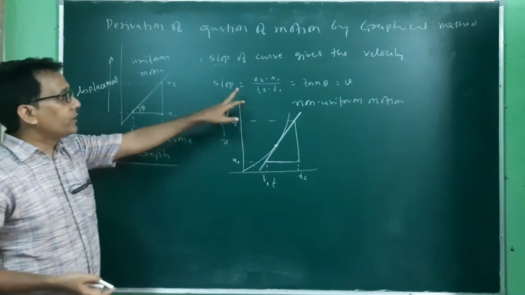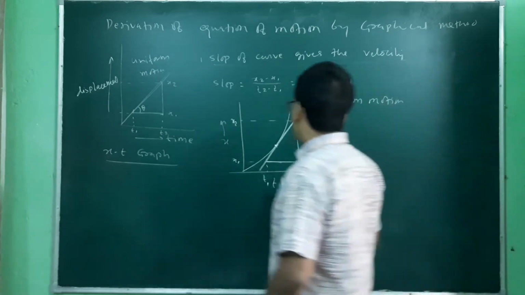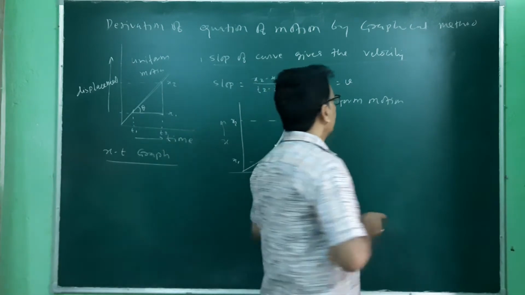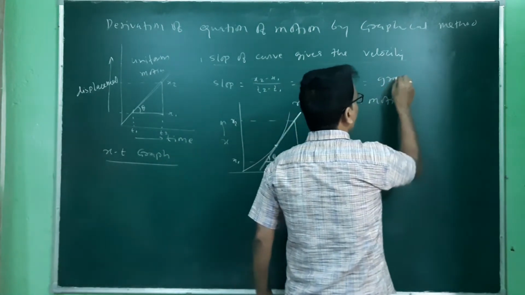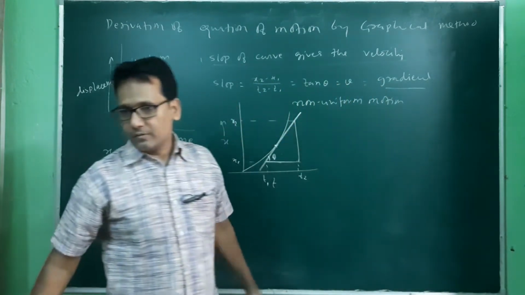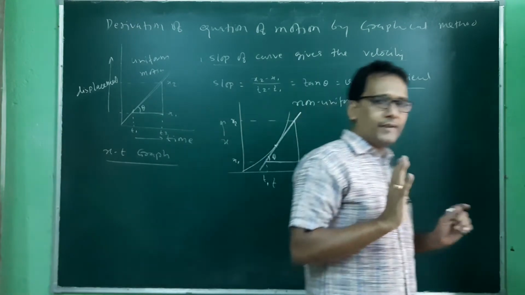The slope is x2 minus x1 by t2 minus t1, and this is theta, so tan theta is the slope. This is also known as gradient, a term used in higher physics. So if somewhere it is written as a gradient, then you can use this. Otherwise, just tan theta, tangent.